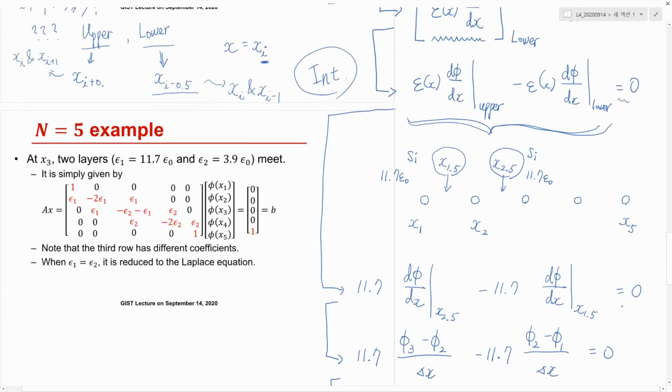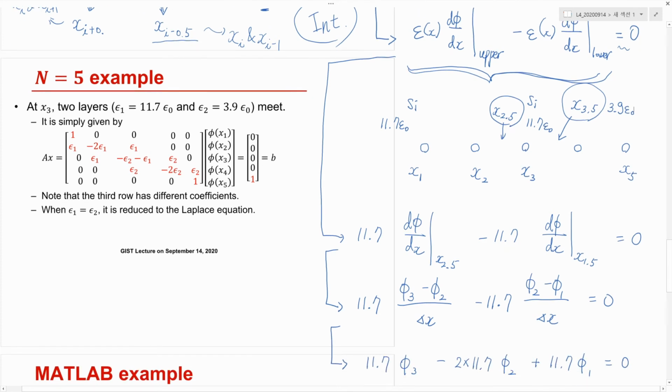Then let's repeat it once again for our interface node. Interface node here means the x3 node. In this case, the lower bound becomes x sub 2.5 and the upper bound becomes x sub 3.5. We can say this corresponds to 3.9 epsilon 0. So everything is quite similar, but we have to make some differences.